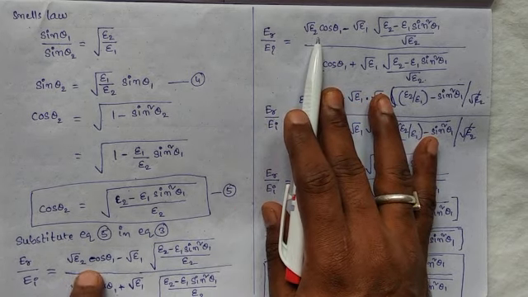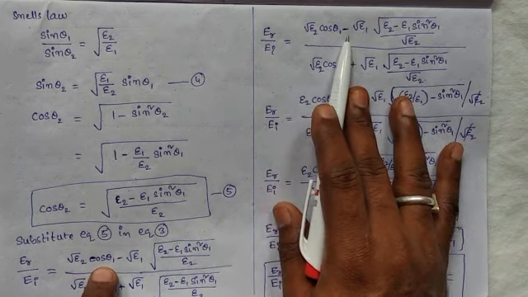Root epsilon 2 cos theta 1 minus here root epsilon 1. Here we are separating the root: root of epsilon 2 minus epsilon 1 sin square theta 1 by root epsilon 2. In the numerator and denominator the same we are performing. Square root of epsilon 2 cos theta 1 plus root epsilon 1 into root of epsilon 2 minus epsilon 1 sin square theta 1 by root epsilon 2.